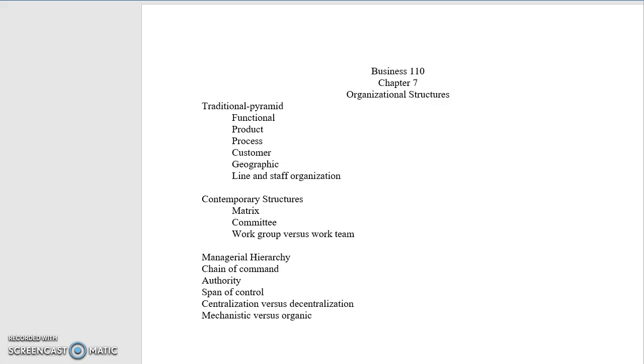Now I want to talk just a second, because your book mentions it, the line and staff organization. If you've ever seen an organizational chart, most of them are built like this, where you have the CEO and then you have the C-suite, and then off to a line is going to be the staff positions. Typically it's an administrative assistant.